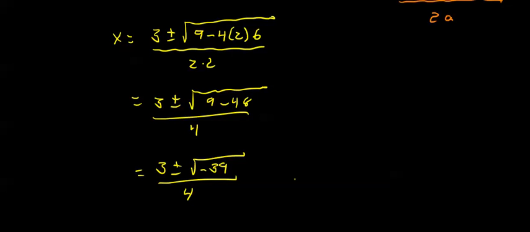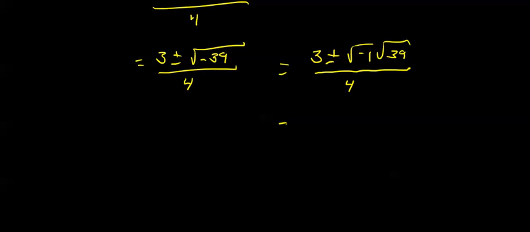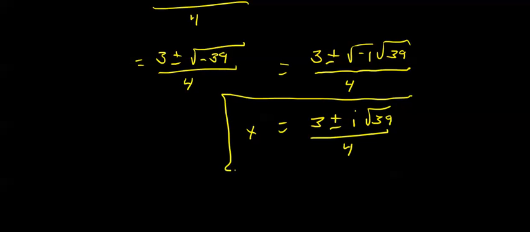But this is nothing more than 3 plus or minus the square root of negative 1 times the square root of 39, which is not simplifiable, over 4, or 3 plus or minus i square root of 39 over 4. And that's my answer. Just simplifying the radical when it's negative.